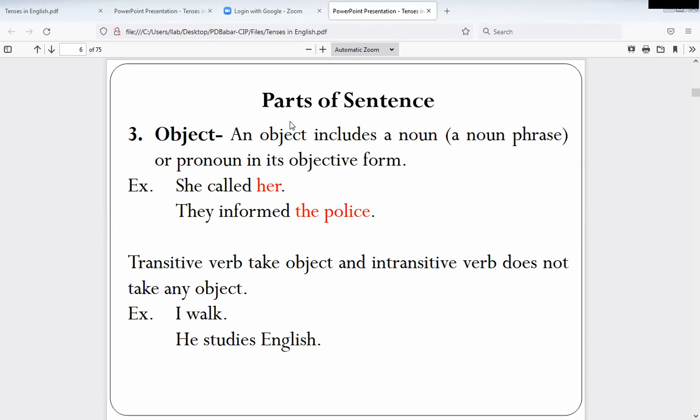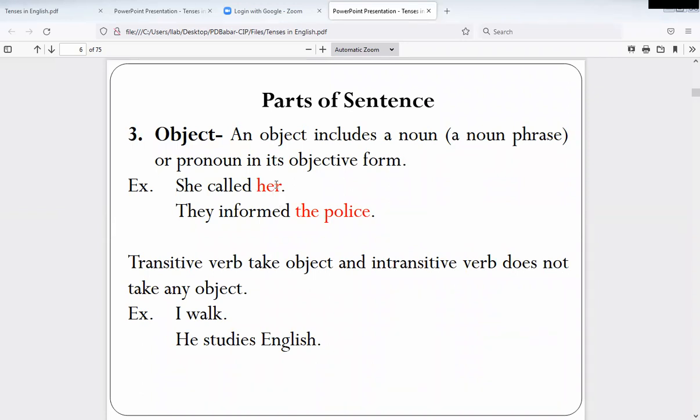Let's see it with an example. The example in this sentence is: she called her. In this example, the subject is she, called is the verb, and her is the object.